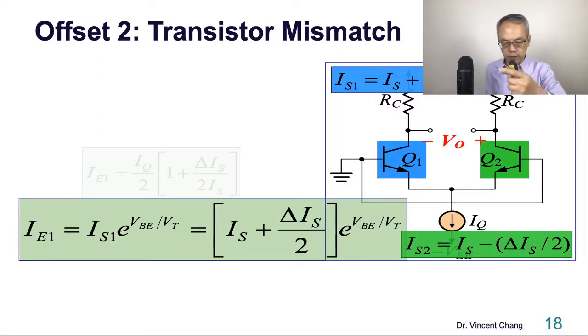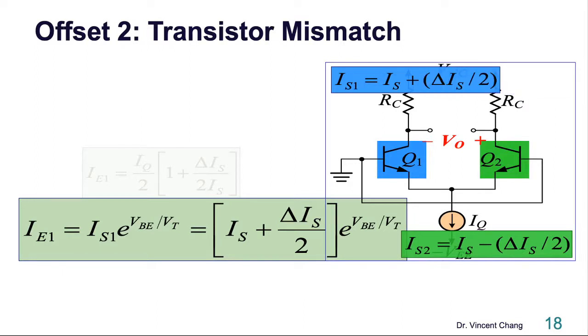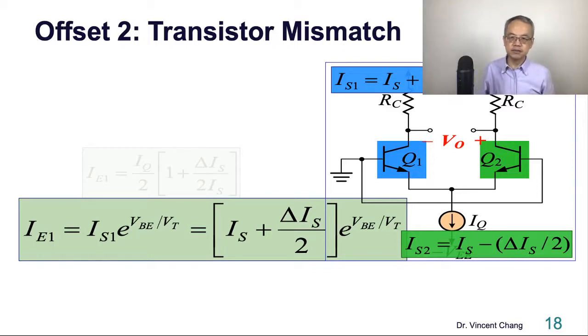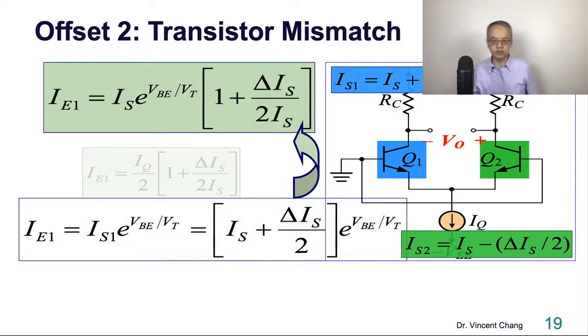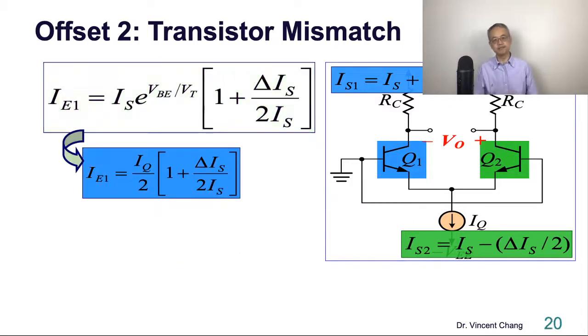It should be IS1 exponential VB divided by VT, with the VB values the same, but IS different. So what is IS1? You plug in IS plus delta IS divided by 2. Then you can pull out the IS term: IS times 1 plus delta IS over 2IS. Does that make sense?